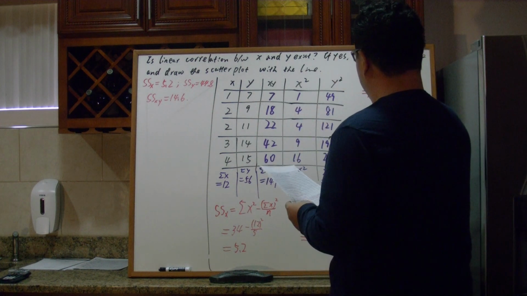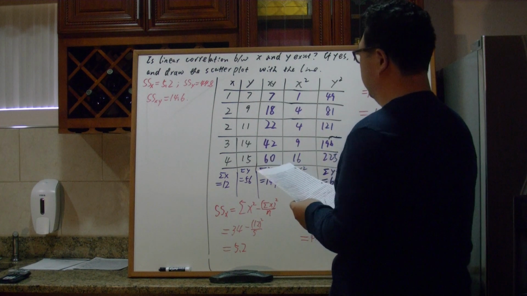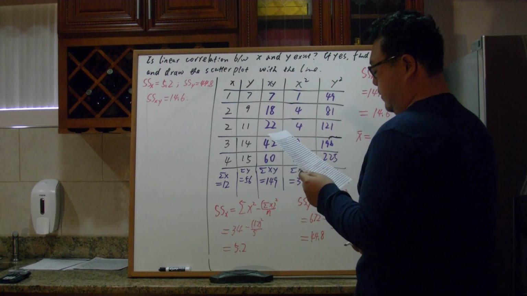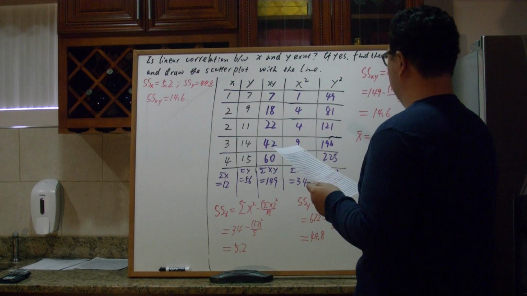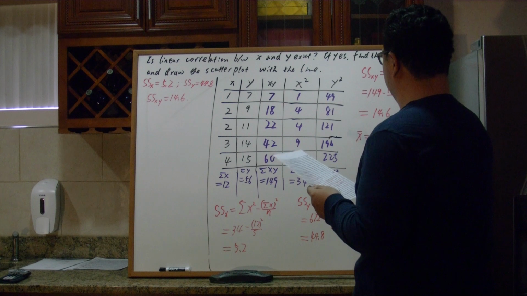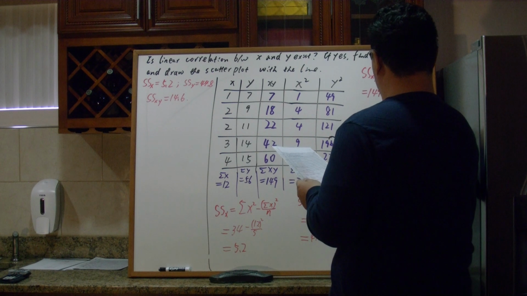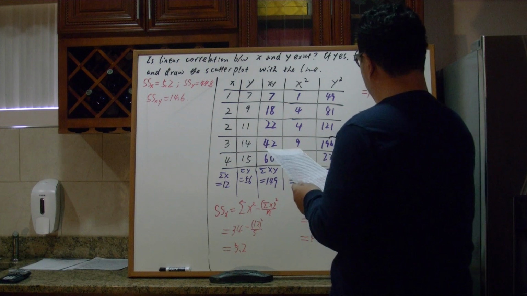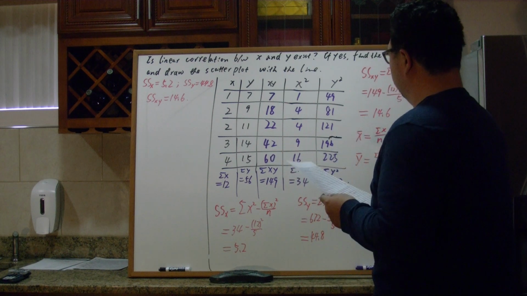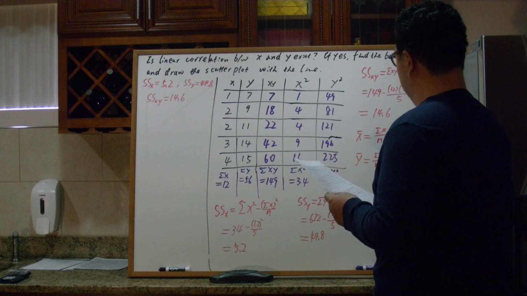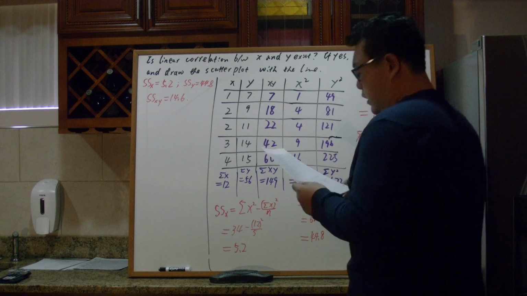Right, and then the x bar, y bar, maybe also we could put it over here before we move on. That's sum of x over n, 2.4. Y bar is sum of y over n, 11.2.